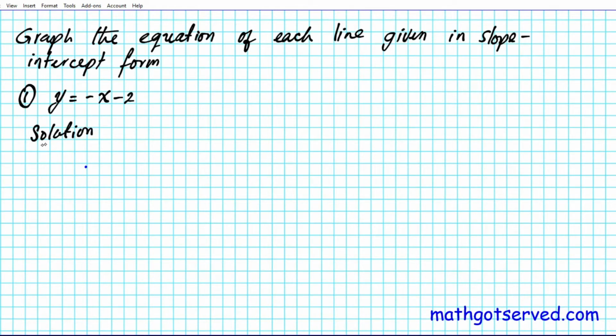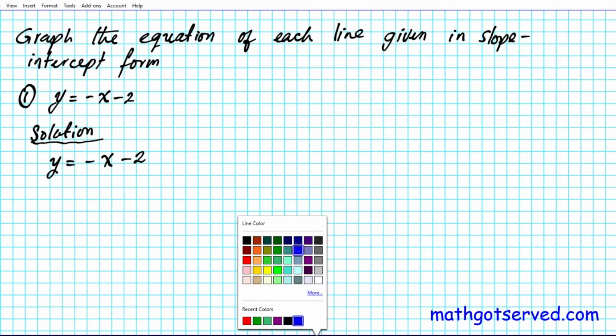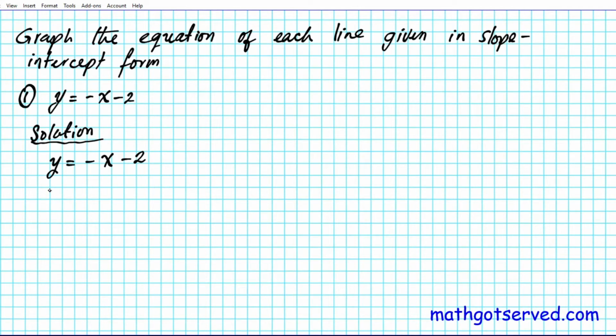So the solution is as follows. Let's rewrite the equation: y equals negative x minus 2. We'll start by writing down the slope-intercept form, y equals mx plus b.